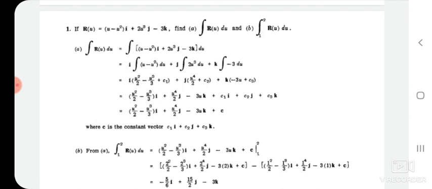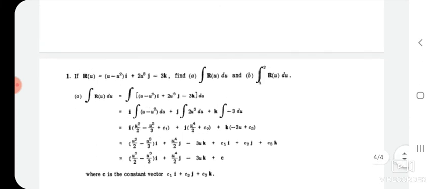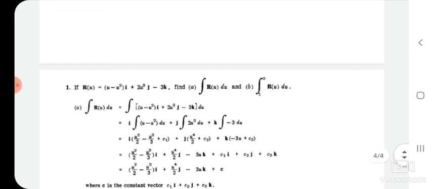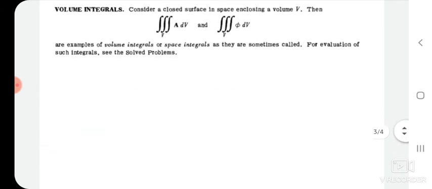That's why this paper is a base if you want to make a career in physics.